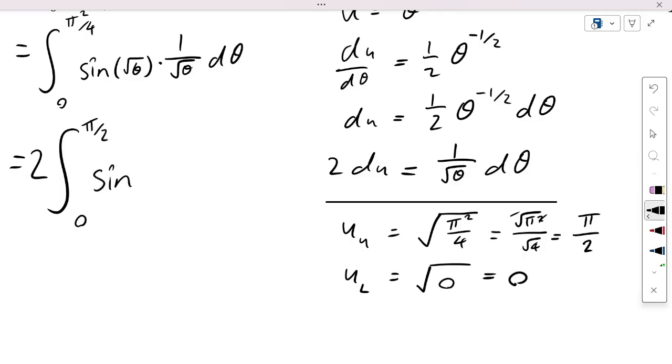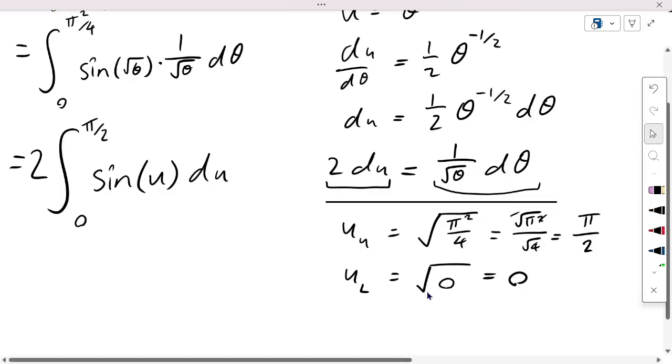Sine of root theta is equal to sine u, which we have assigned, multiplied by 1 over root theta d theta, which is equal to 2 du. So we already have our 2 over here, so we're just going to write du over here. Now we can integrate properly.